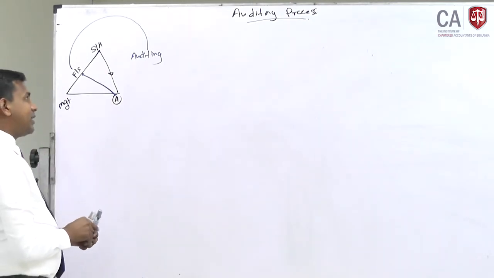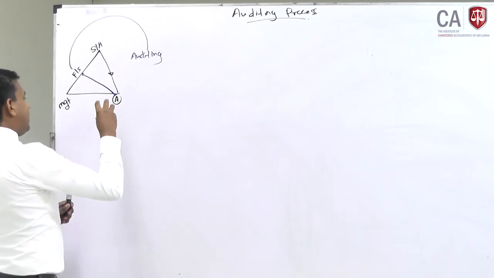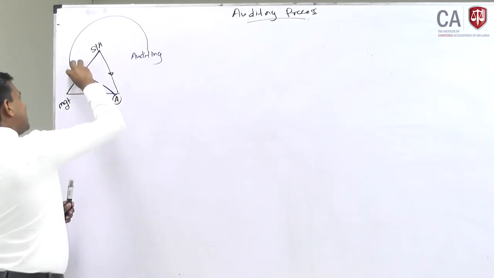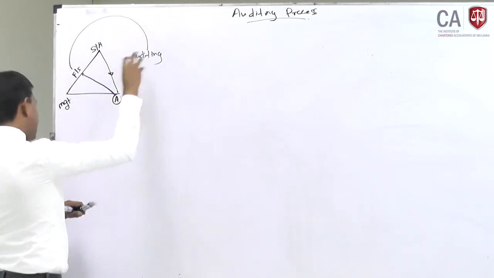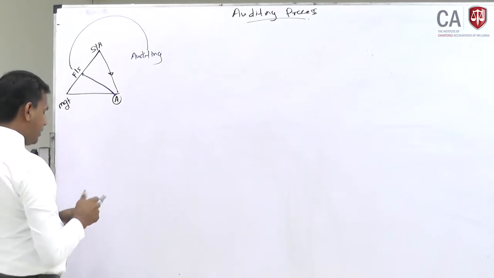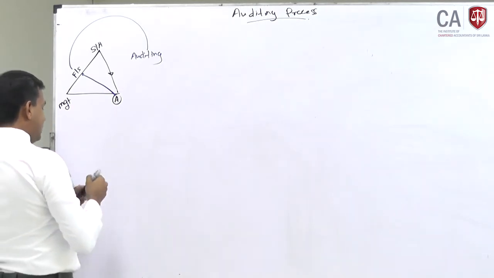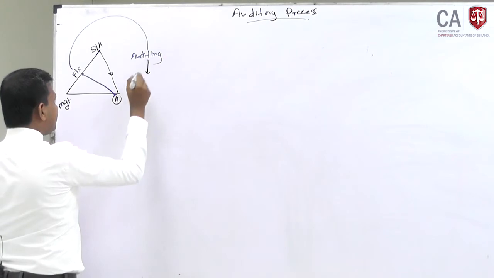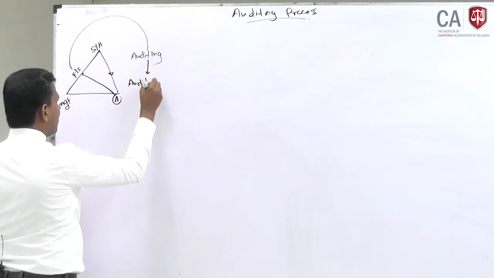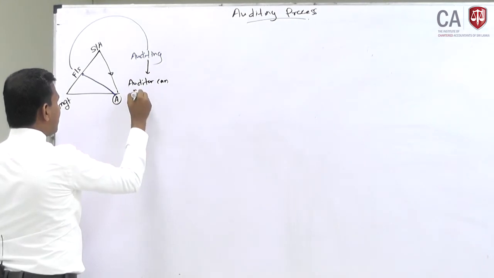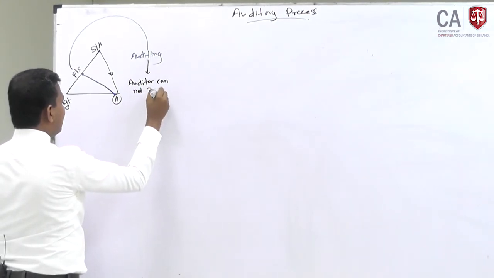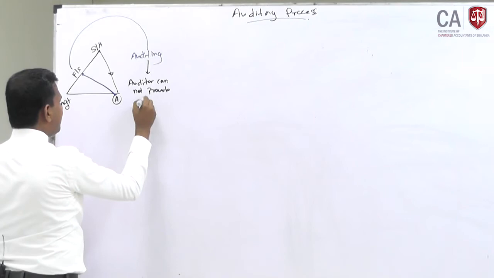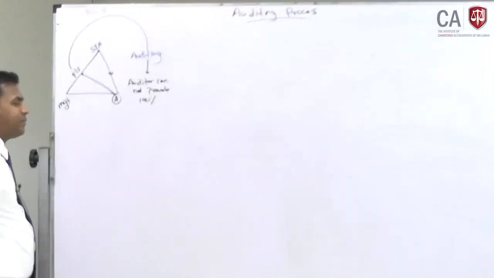So here the important thing is, again I am telling, the auditor comes and checks the finance statement. That process is called auditing. So in this auditing process, basically the auditor cannot provide 100% assurance. That you should remember.